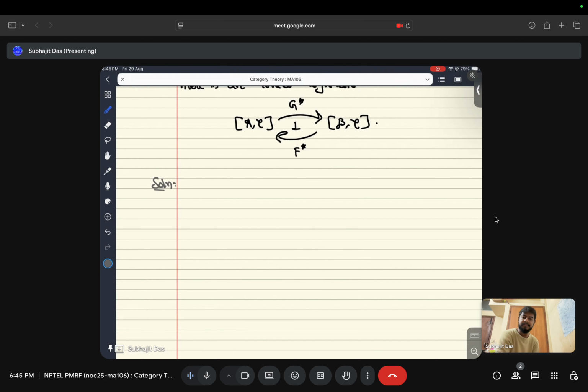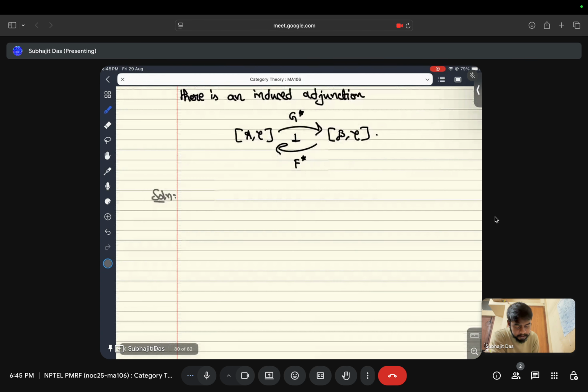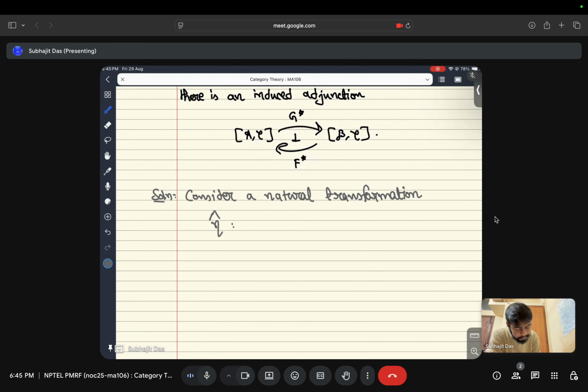But before that, let's give a rough solution. You can check the details fully. So the idea would be to use the unit-counit characterization of adjunctions. So what we want is, consider a natural transformation eta hat, let's say, from 1 of [A, C] into F upper star G upper star.